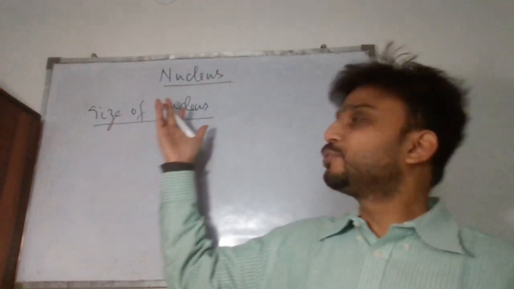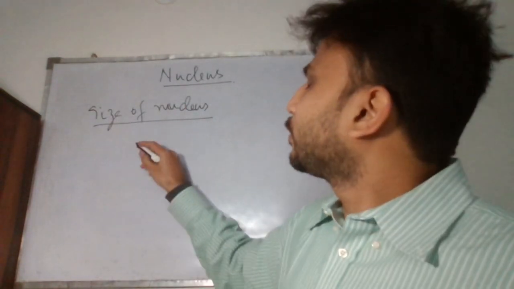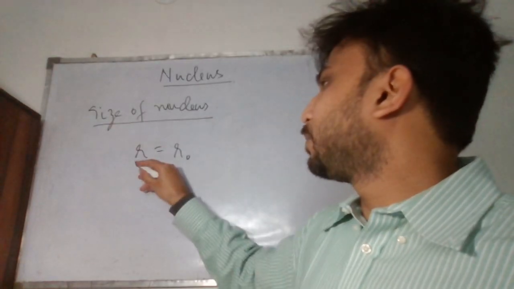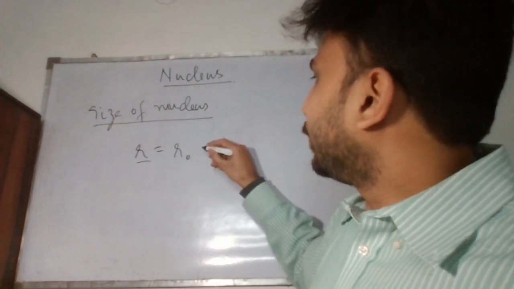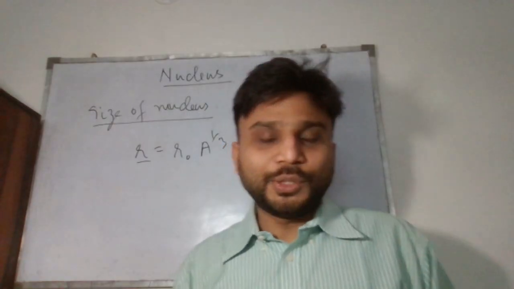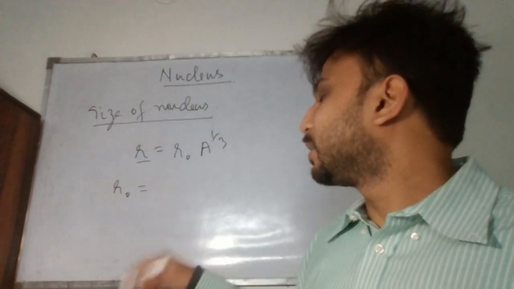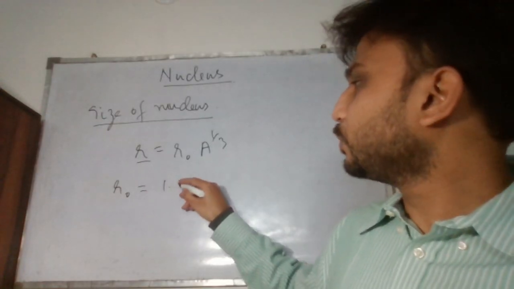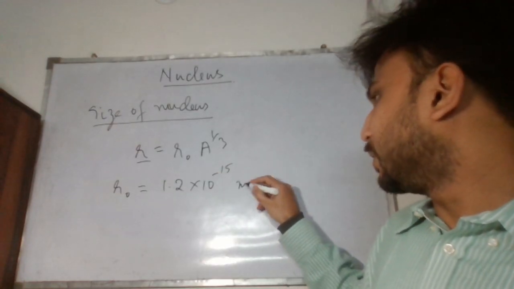It is made up of nuclei only. So the size of the nucleus, it's spherical, is given by R naught into A to the power 1 by 3. This value R naught is 1.2 into 10 to the power minus 15 meters.